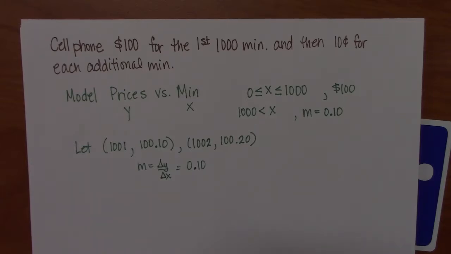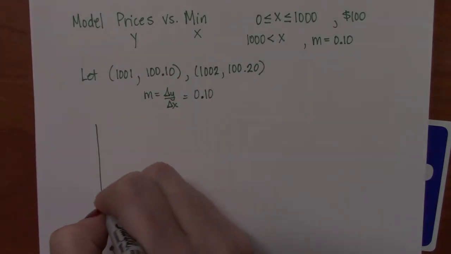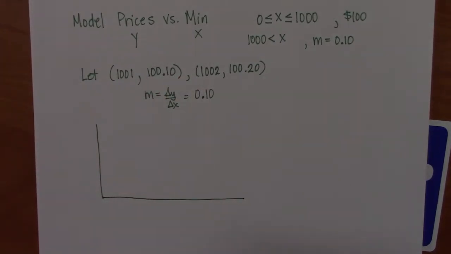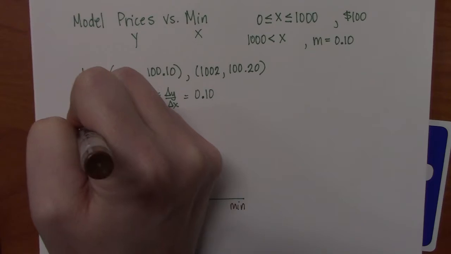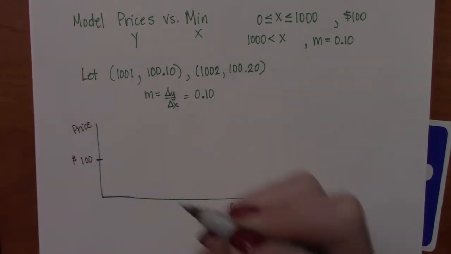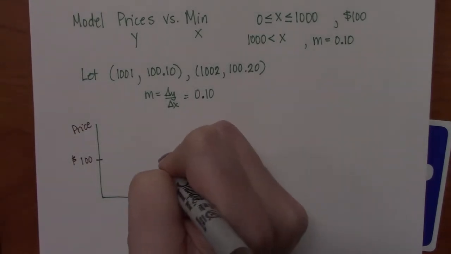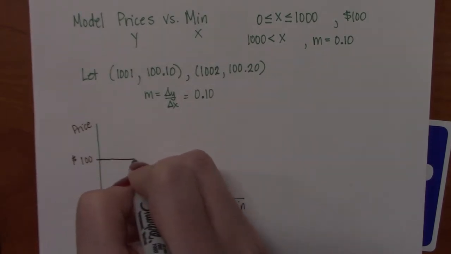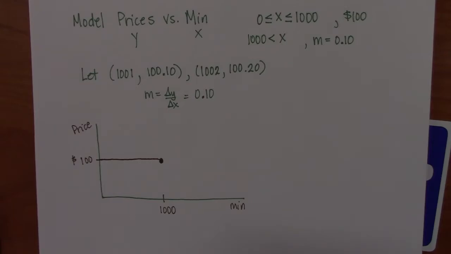So if we were to graph this, here's minutes, here's price, here's $100, and we'll put 1,000 minutes here. We would see that we get a horizontal line up to that value.